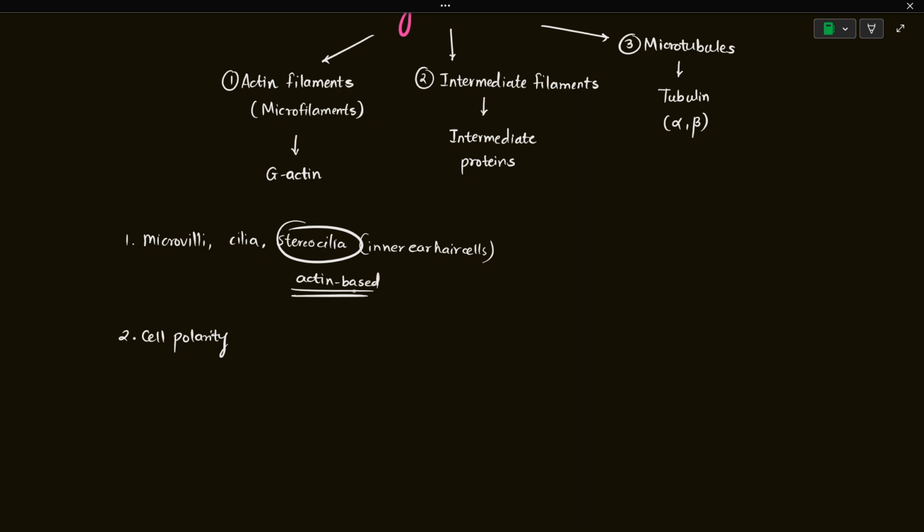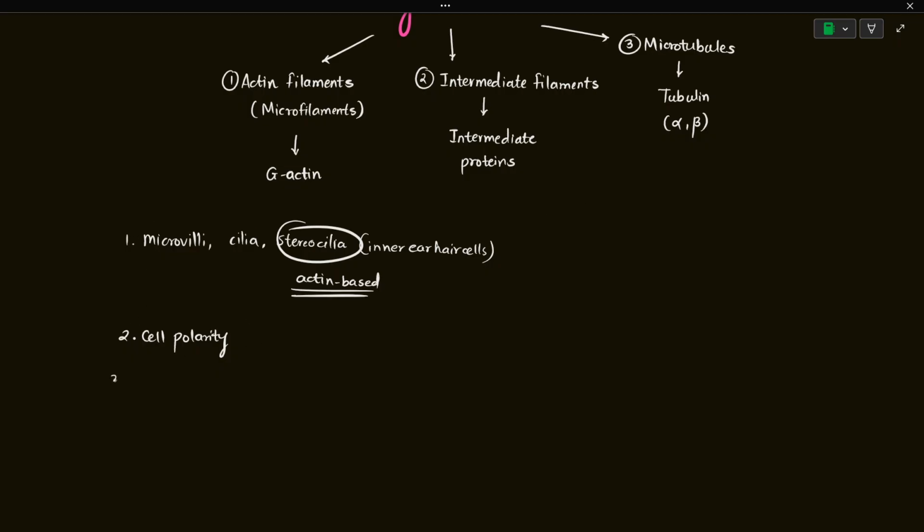How the cell polarity is maintained, and how the different types of filaments give the cell its polarity, the sense of directionality, we'll be discussing in upcoming lectures. Today we are just discussing what kind of functions are performed by the cytoskeletal system. The very important function is that it maintains cell integrity.